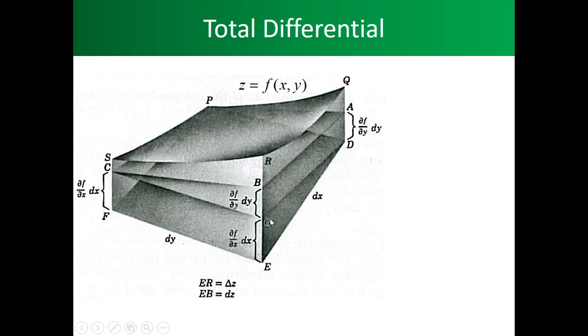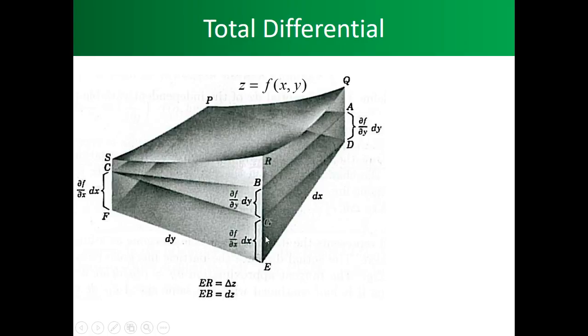ER is the real change in Z, and EB is the approximate. Remember that, the approximate.